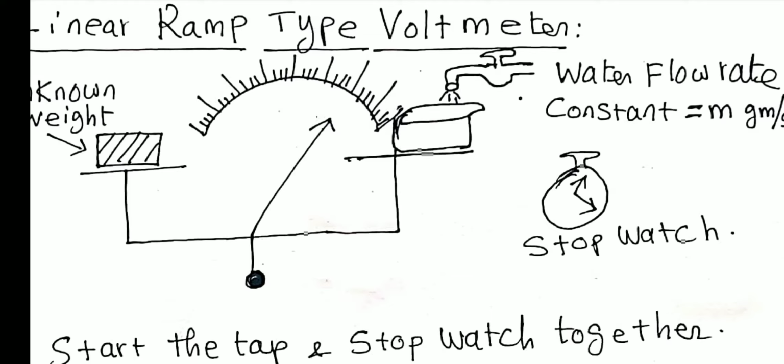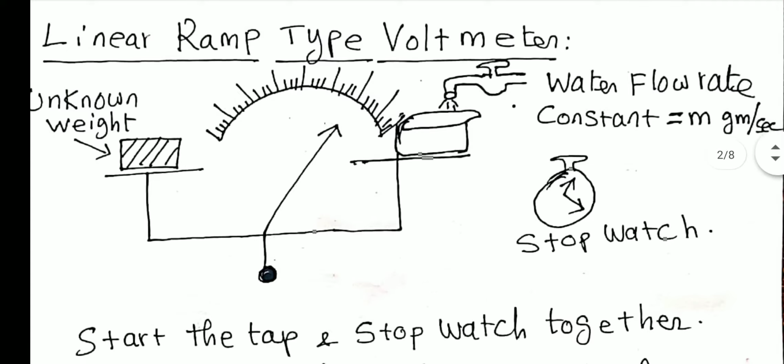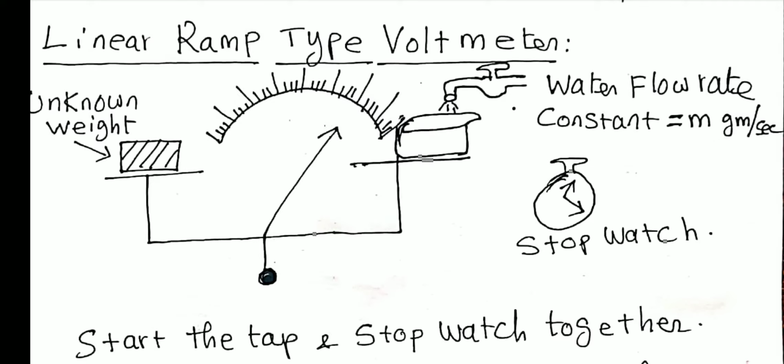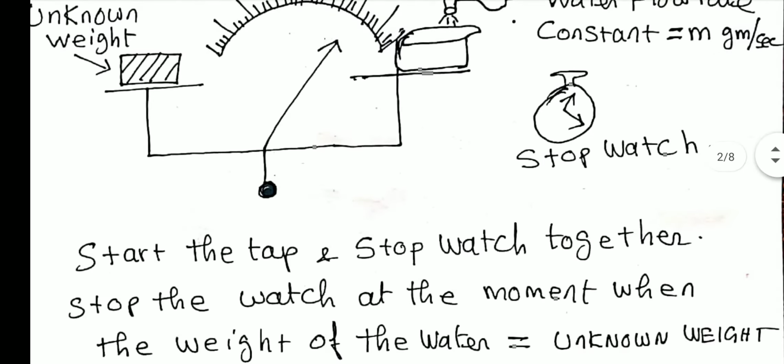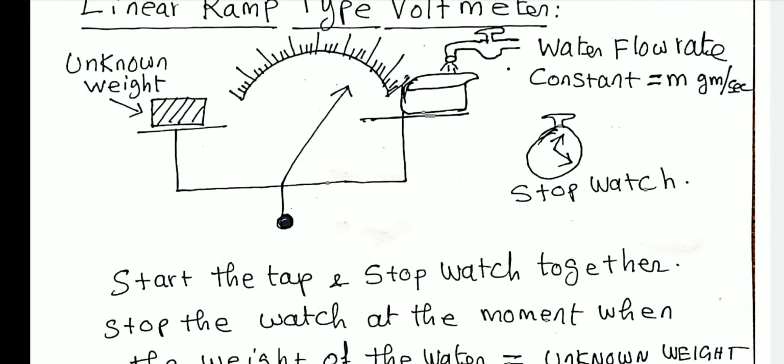In this setup, what we are going to measure is the time taken by the variable mass to become equal to the unknown weight. That time we measure using a stopwatch. Once we get the time, that time multiplied by the flow rate of water, m gram per second, gives the unknown weight. The procedure is to start the stopwatch and open the tap together.